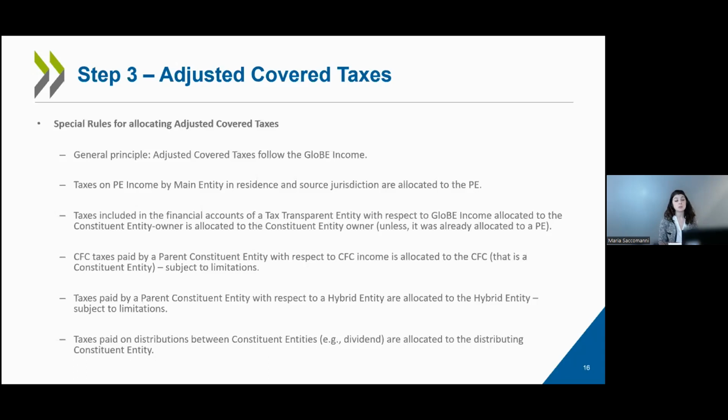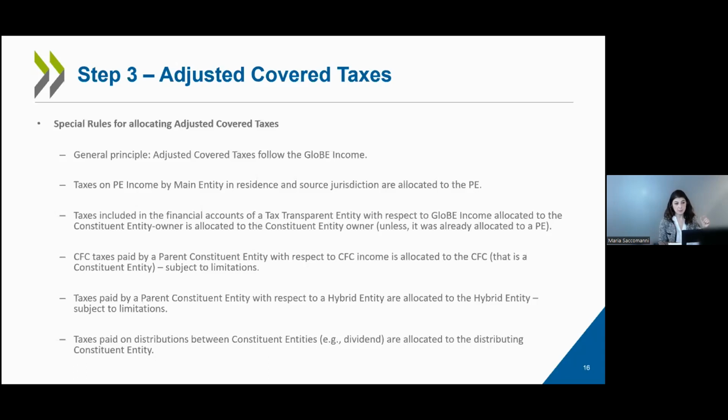So as for the PE, we have seen that the taxable income of the PE that is included in the parent, in the main entity jurisdiction, shall be carved out and allocated to the jurisdiction of the PE.